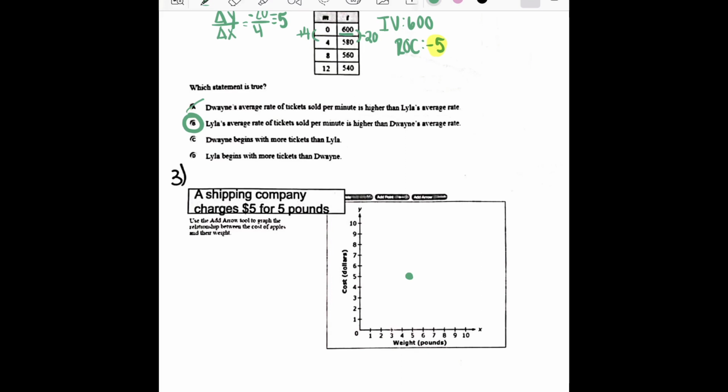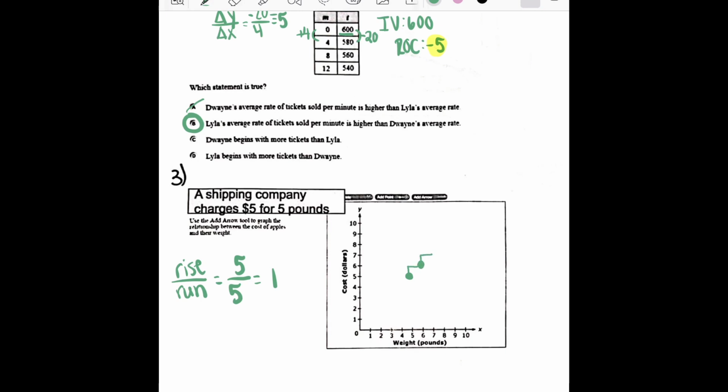We need to find our slope for our graph, which is rise over run. As you can see, our y amount is 5 and our x amount is 5, which means we are going to keep growing 1 every time. So it looks like we're going to just keep going up 1 and then over 1.